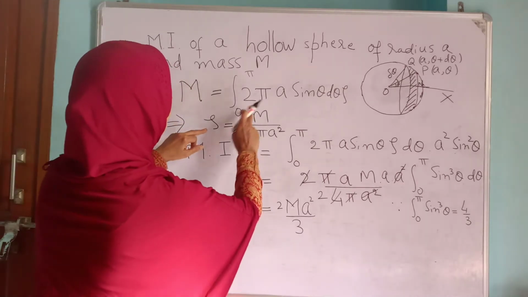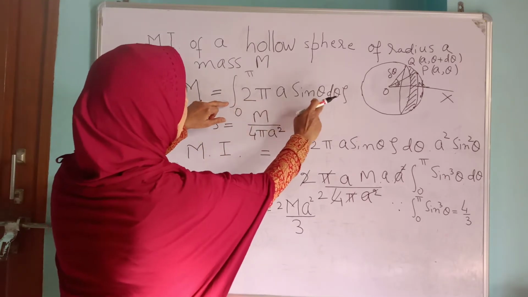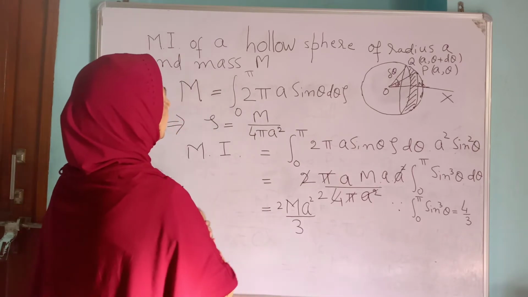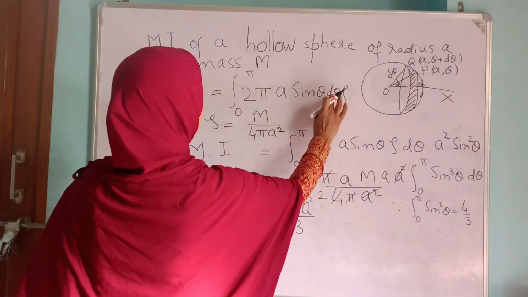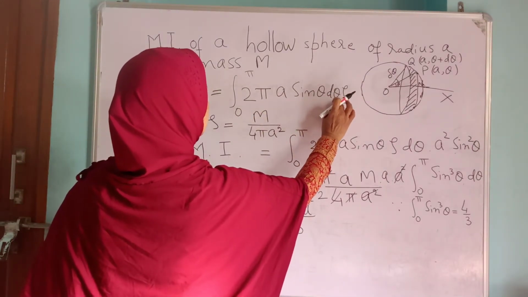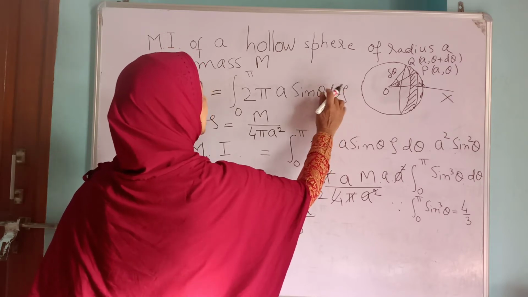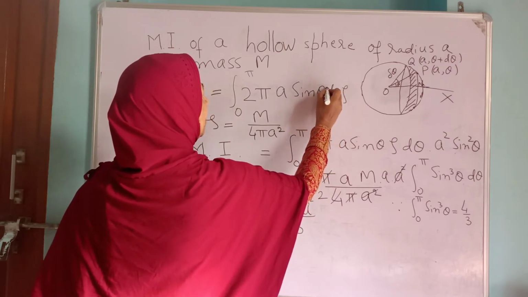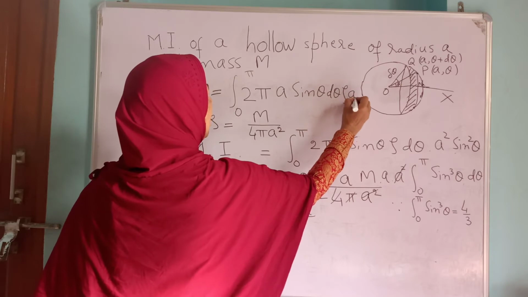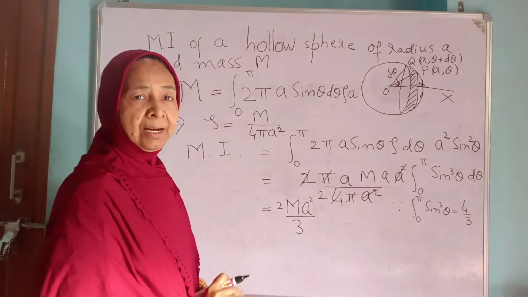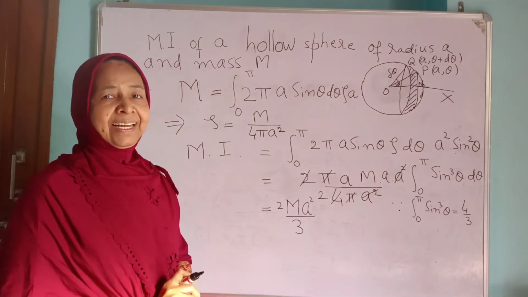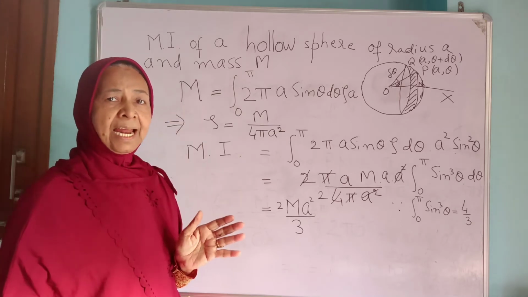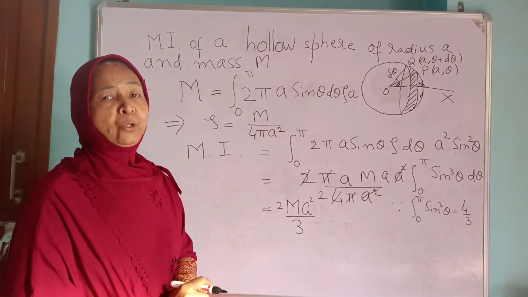So, you can observe that when you solve this, you will get a d theta. Sorry, this is not simply d theta, it is a d theta, because we are calculating the area. We are taking the slices. So, it is in two dimensions.